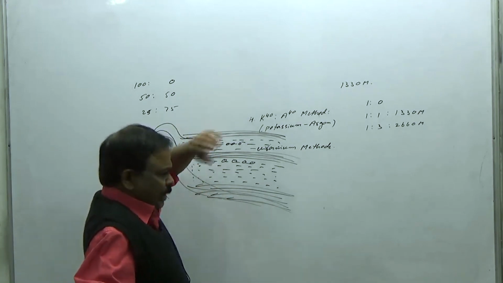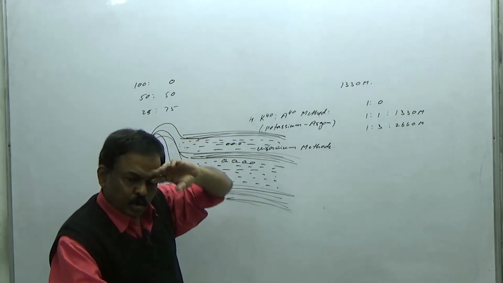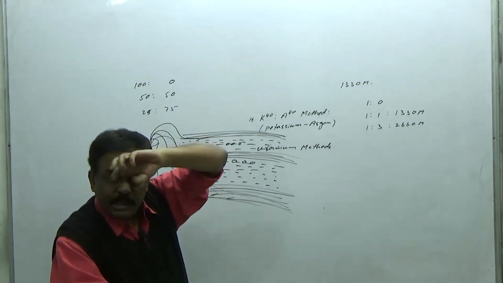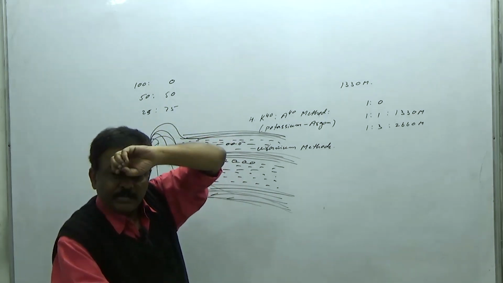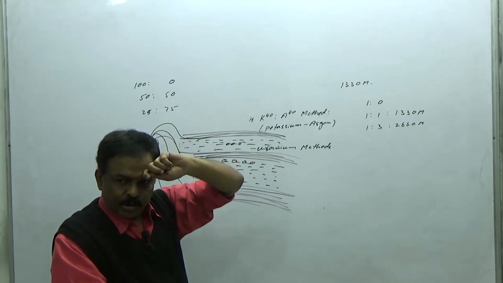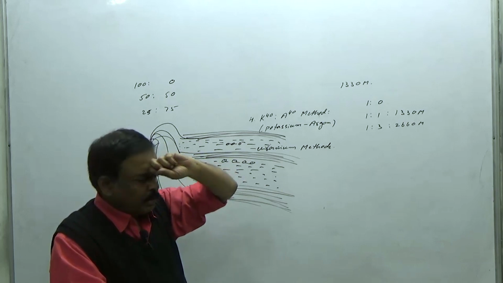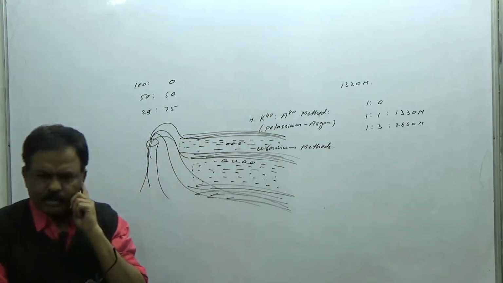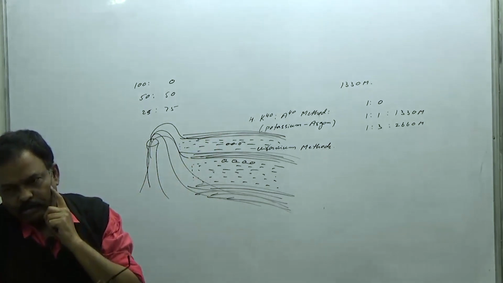Again in another area, between 2 million and 1.5 million, some fossils were identified. Understand what I'm saying? Like that, this method is useful to analyze the age of even the fossils.